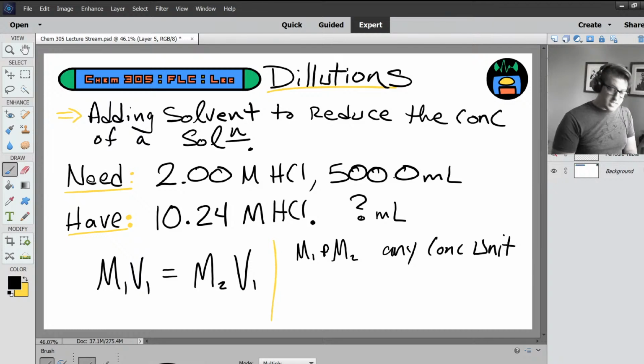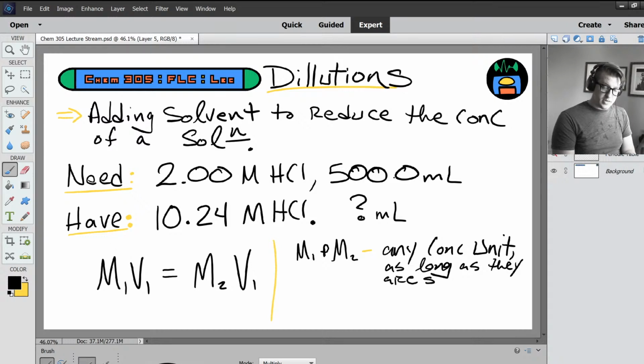It's molarity in this problem, but it could be percent mass, percent mass to volume, or percent volume. It can be any concentration unit as long as they are the same concentration unit. Similarly, initial volume and final volume could be any volume unit as long as they're the same.